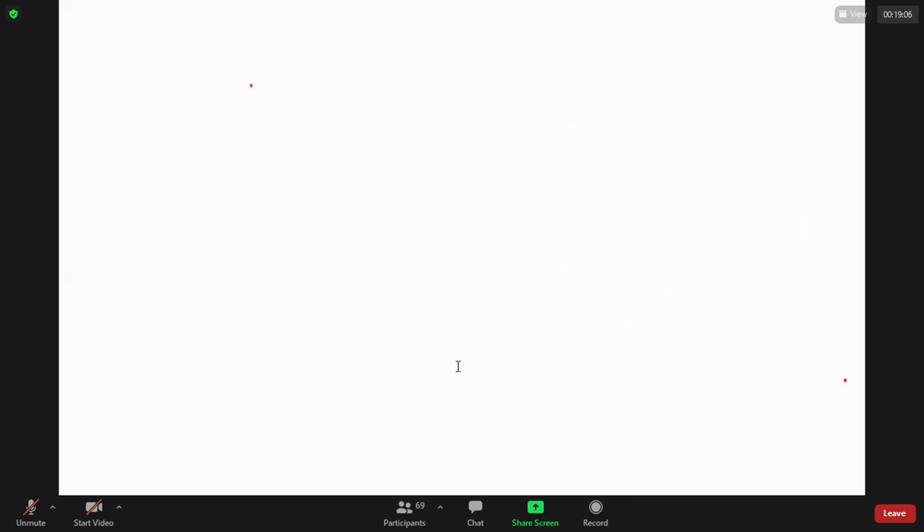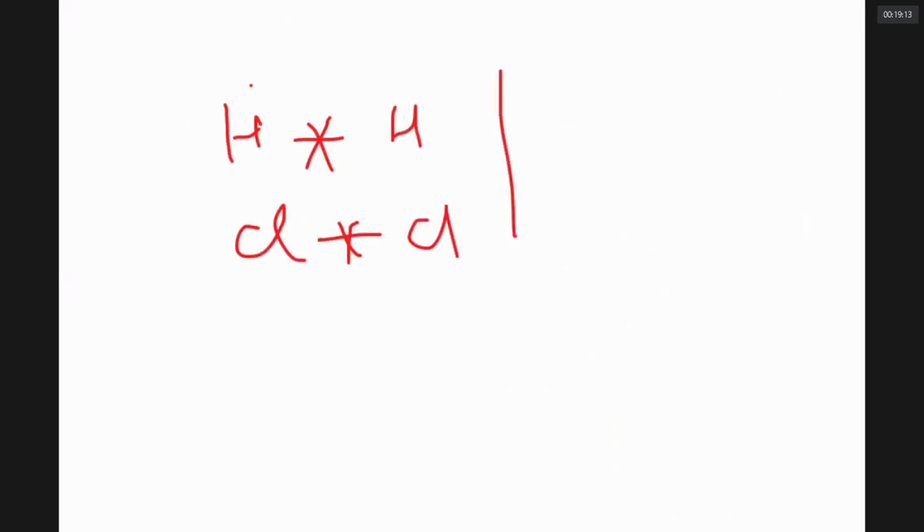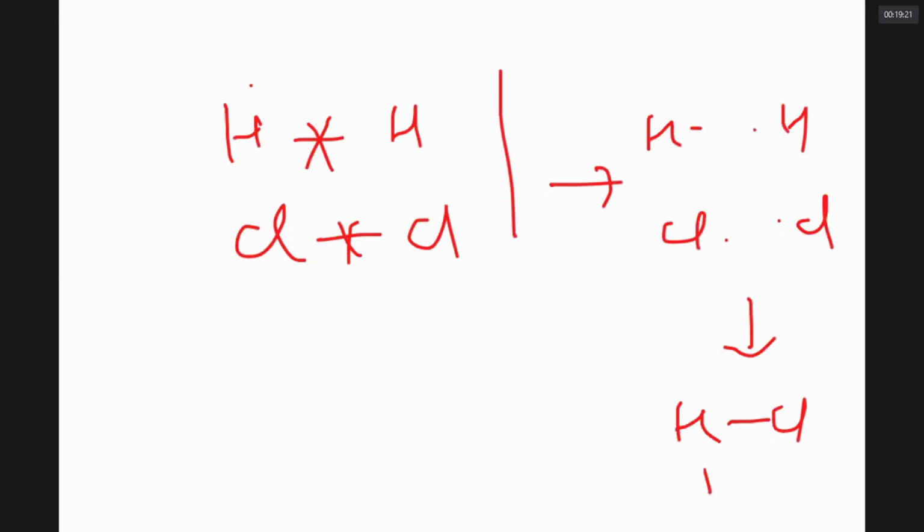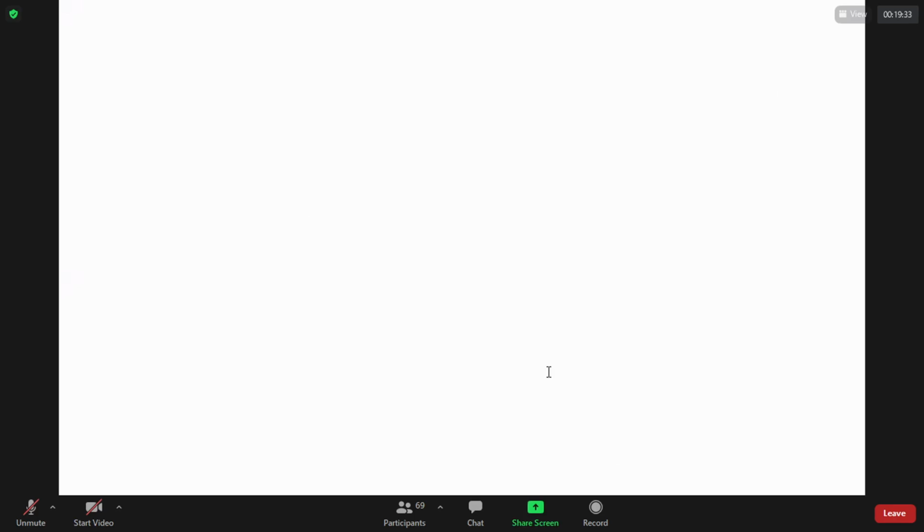Whenever a bond is broken in any chemical reaction, first the existing bond should break. Then new bonds will form. This is H-H, Cl-Cl. Now new bonds will form. So in a chemical reaction, the first requirement is a rupture, bond breaking. Whenever a bond is breaking, it can break in such a way that both atoms get one electron each. That is called homolytic fission.